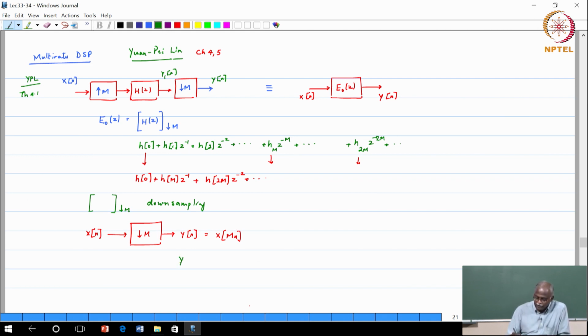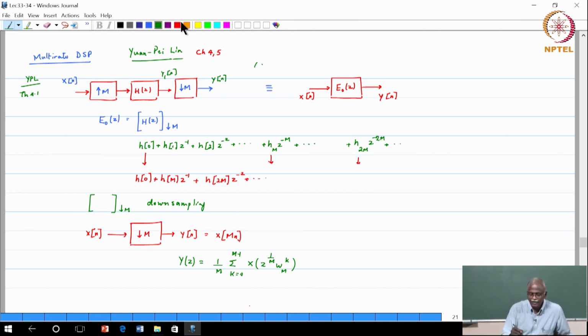Now, if you wrote it in the Z domain, this would be 1 over m summation k equal to 0 to m minus 1 of x of z power 1 over m w m k, and wherever there is a downsampler you have to write this equation; there is no way to get around it.